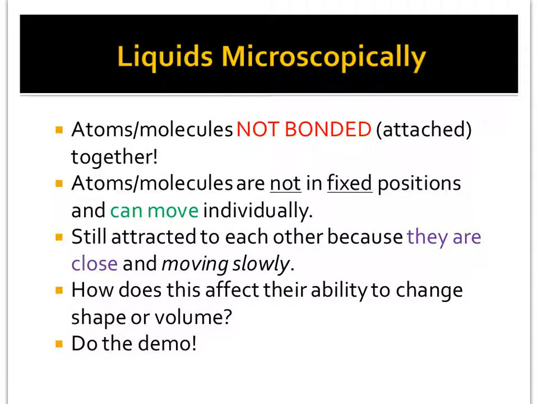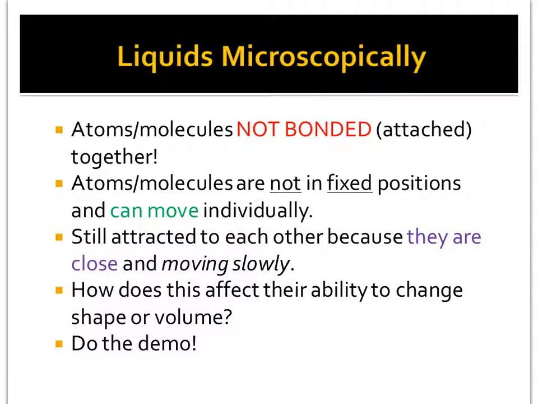Liquids, microscopically, have atoms or molecules that are not bonded together. However, they are still attracted to each other. If you think back to biology class, you talked about hydrogen bonding a fair bit with water. Molecules in water are attracted to each other because of opposite charges.